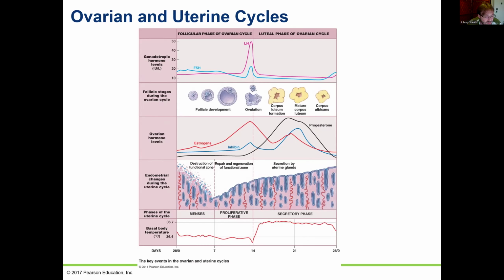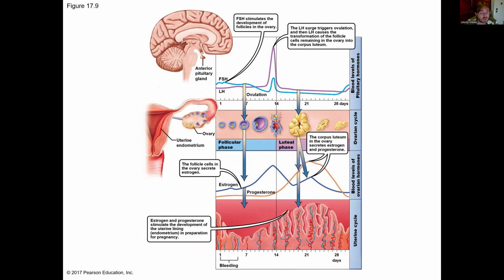Something that's kind of interesting is that body temperature is going to be elevated for about a week after ovulation. So kind of cool. And this is just showing how that's all going to be breaking down, showing the different hormone levels in different parts of the body during the course of the cycle.